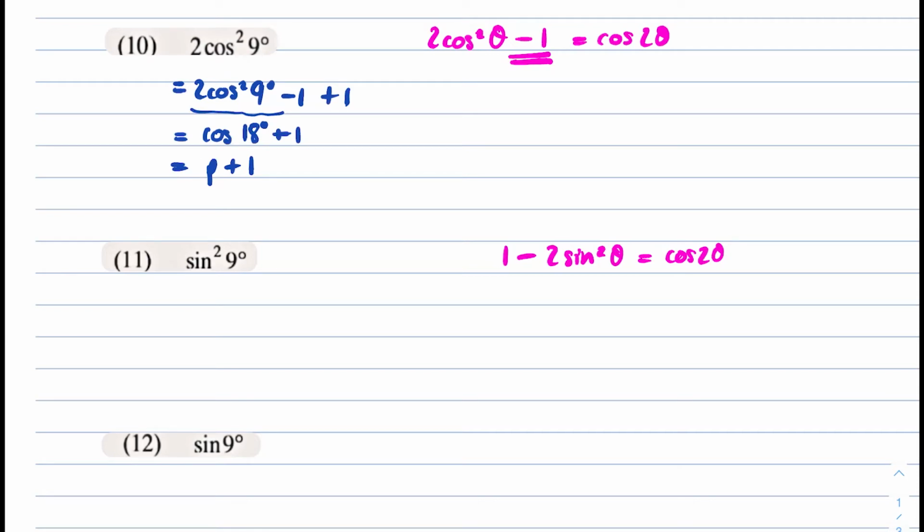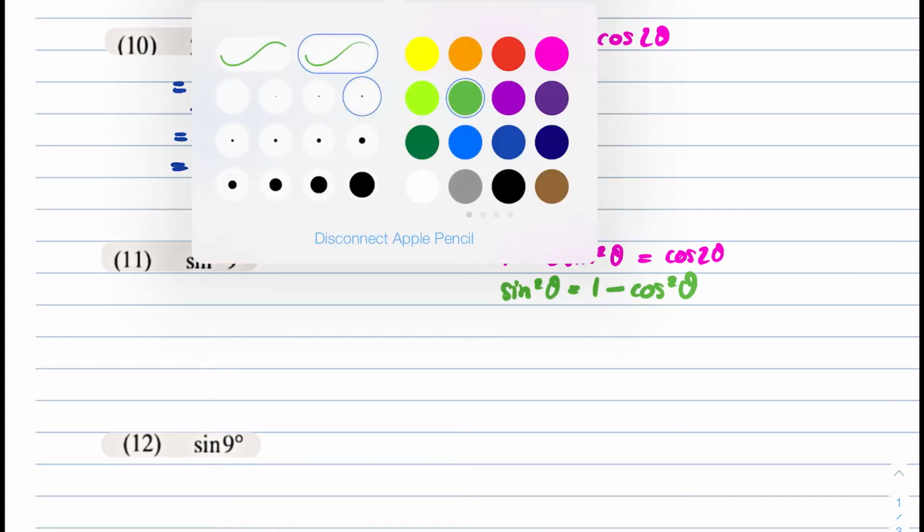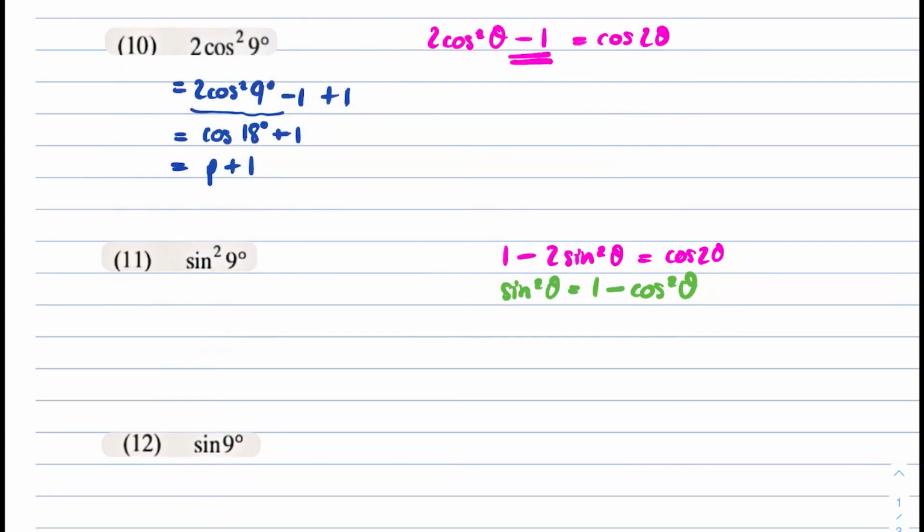However, we've just worked out something about cos squared of 9 degrees. From grade 11, we know that sine squared theta can be written as 1 minus cos squared theta. That's your Pythagoras identity. So this here, we could write as 1 minus cos squared of 9 degrees.